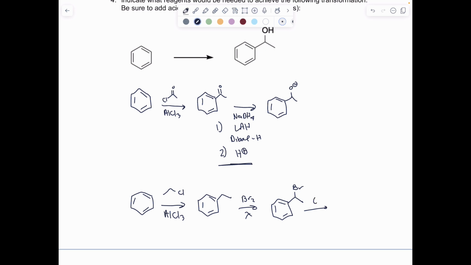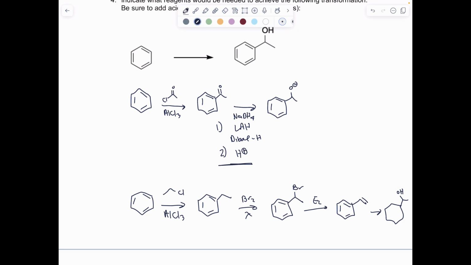So you could do some sort of E2 reaction. E2 reaction would give you, oh my gosh, my rings look terrible today, a double bond here. And then from the double bond, you could use acid-catalyzed hydration, so you're adding water across a double bond.